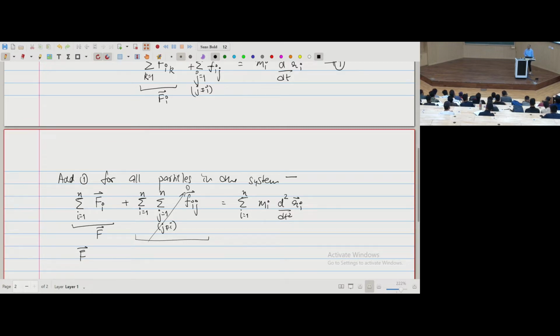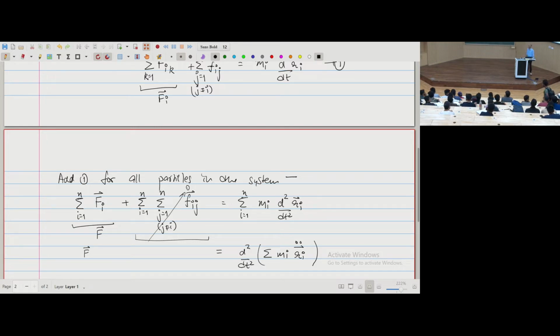So, further simplifying the notation, capital F denotes the sum of all external forces acting on all the particles in the system, and this is equal to the sum of mass times the second derivative of position. I have taken the derivative outside because right now we are assuming that the masses are not changing.